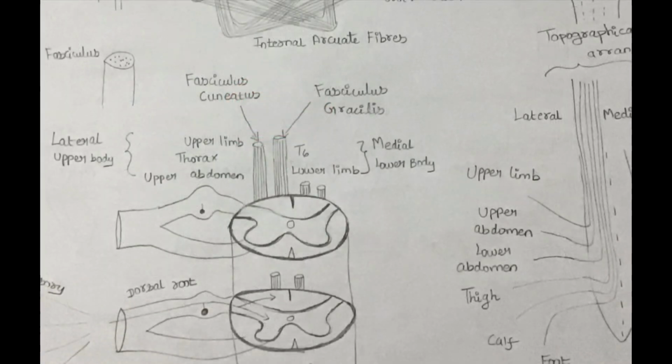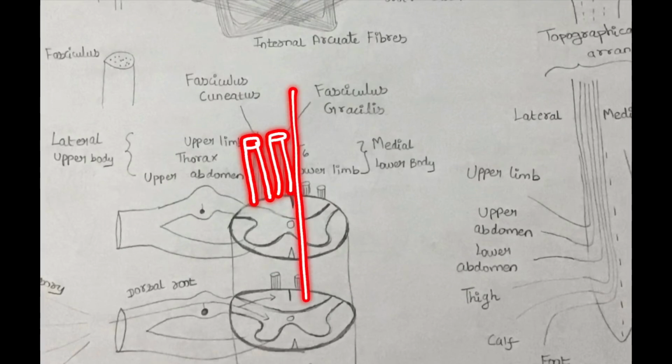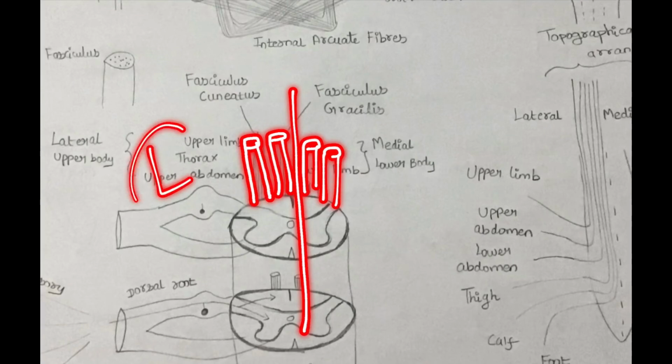Now we know that the sensory nerve fibers from the lower part of the body form a tract known as fasciculus gracilis on the medial side, and the sensory nerve fibers from the upper part of the body form a tract known as fasciculus cuneatus on the lateral side. We are talking about one side, and this is the same on the other side, that is, if this is the left side and this is the right side.